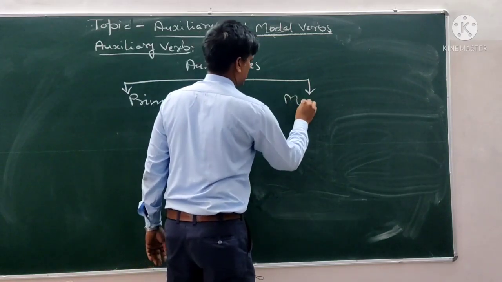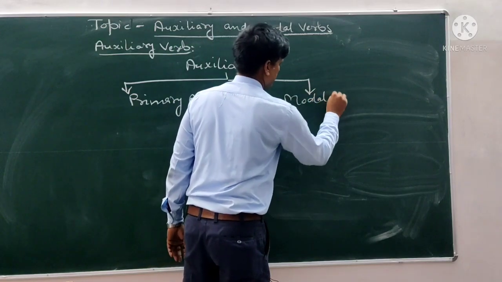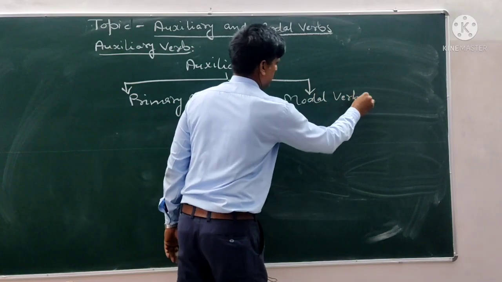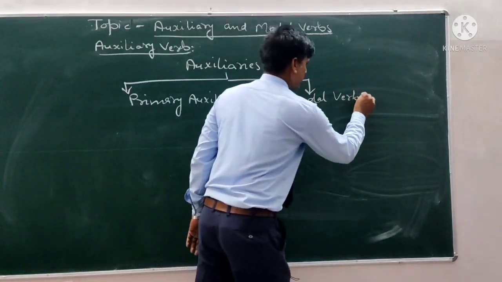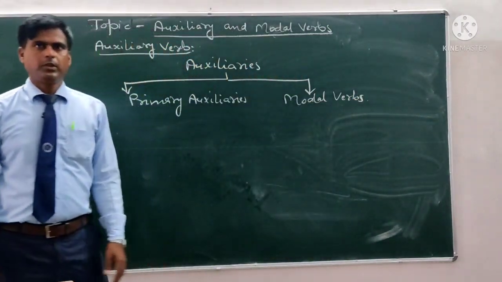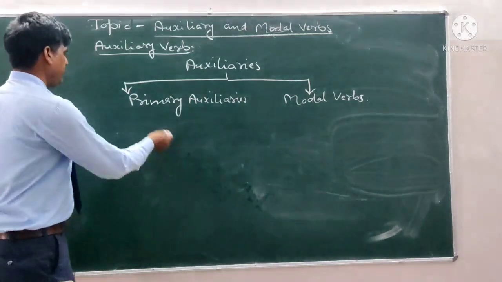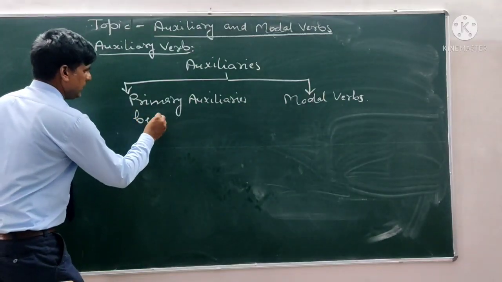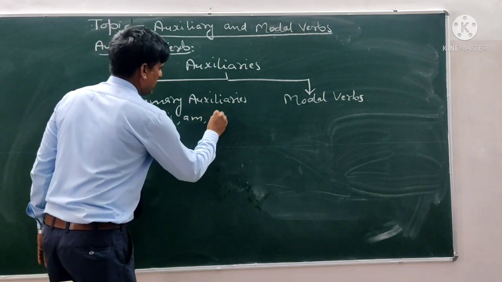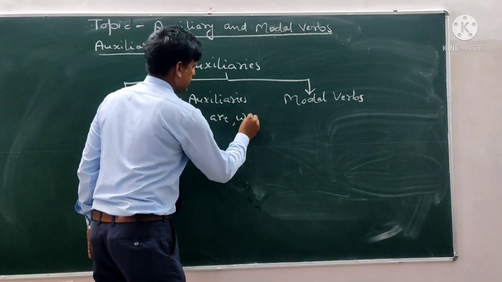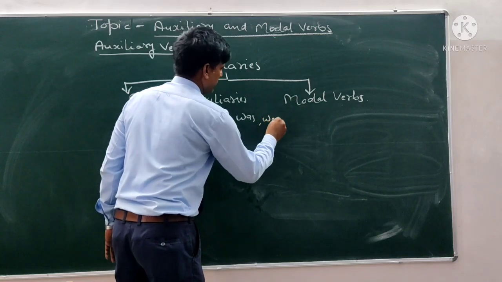Number two, modal verbs. In primary auxiliaries, we include verb be. In verb be: is, am, are, was and were.